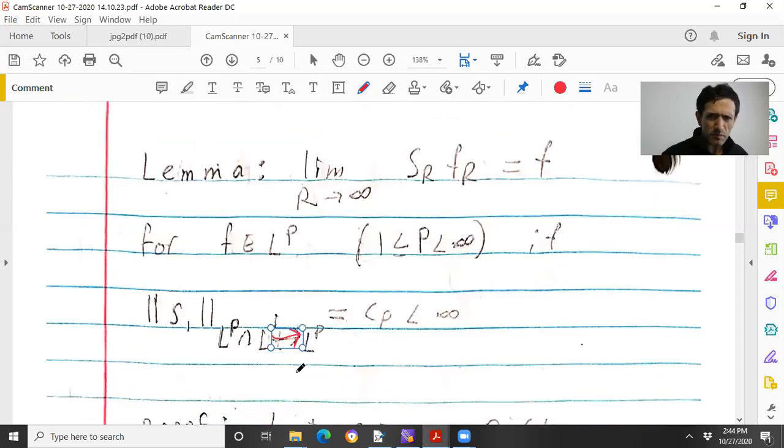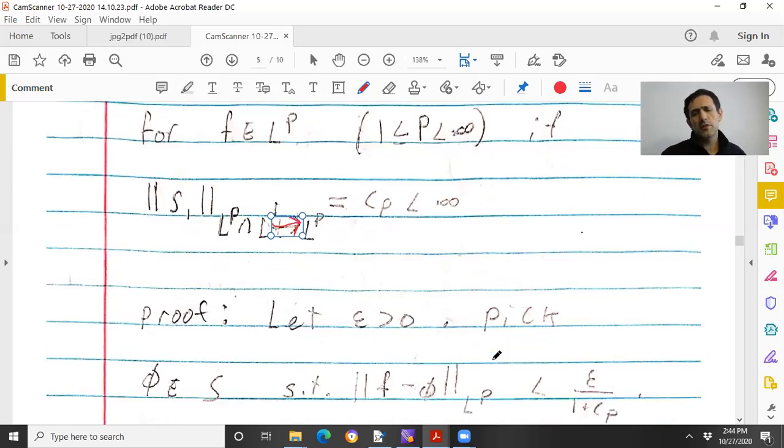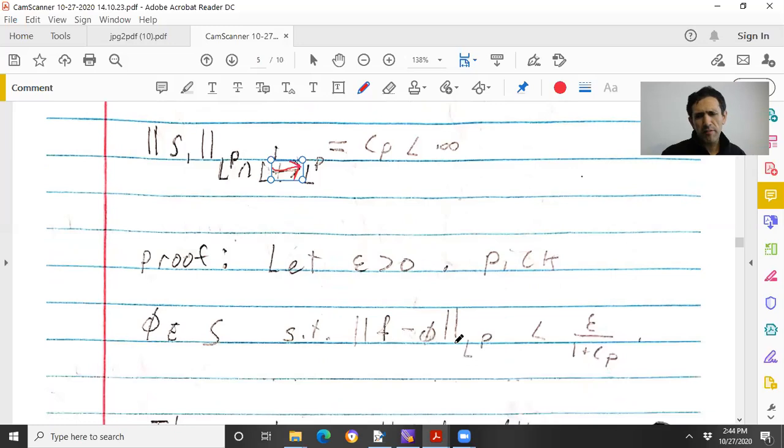Okay. So what's the proof? Well, let epsilon be positive. Let's pick some Schwartz function phi where the L^p norm of f minus phi is less than epsilon over 1 plus C_p, where C_p is this operator norm here.